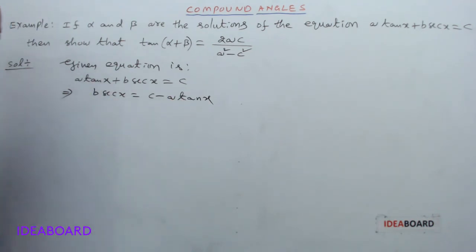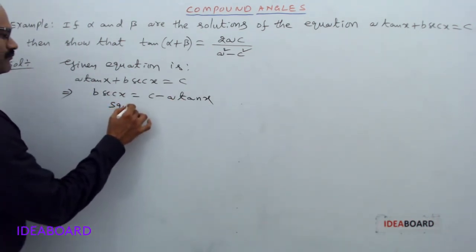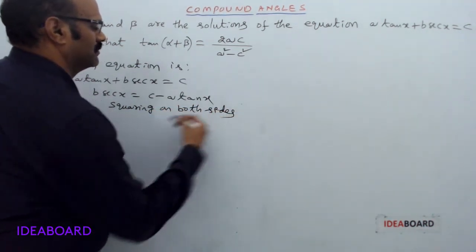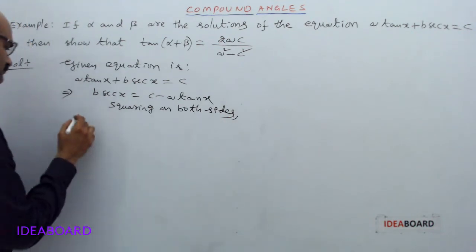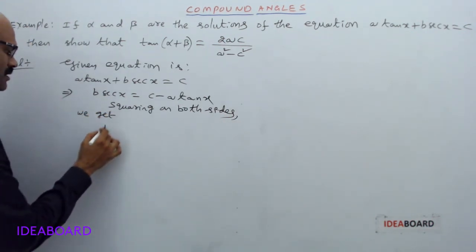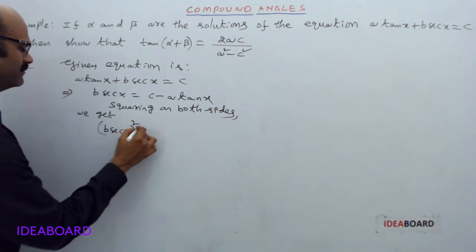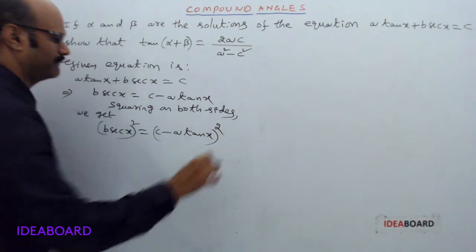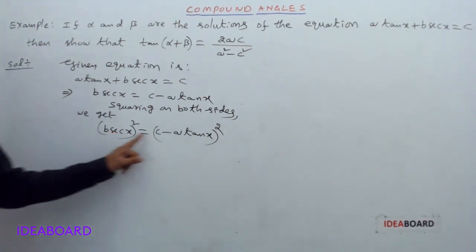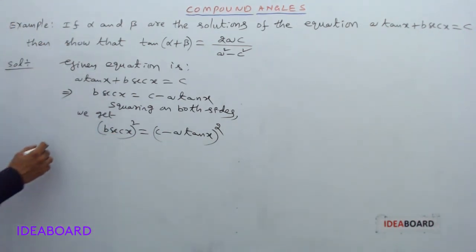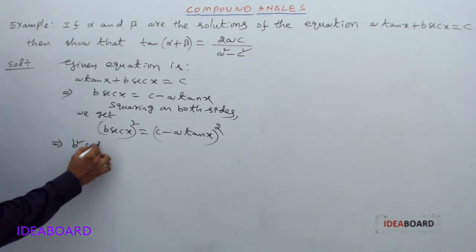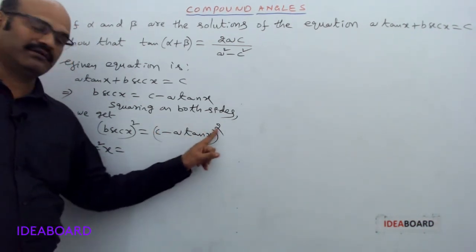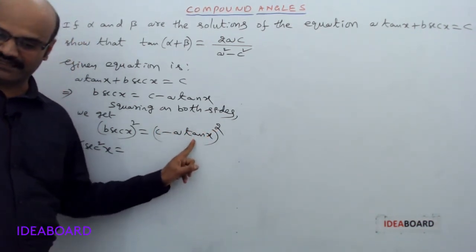Squaring on both sides, we get b secant x whole square equal to c minus a tan x whole square. It's equal to b square into secant square x, and using the a minus b whole square formula, a square minus 2ab plus b square.